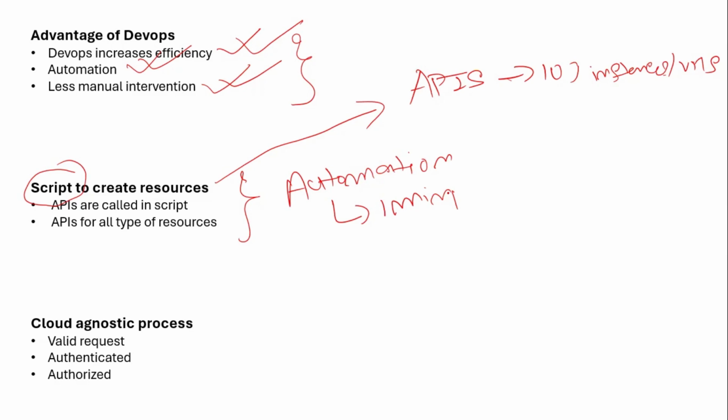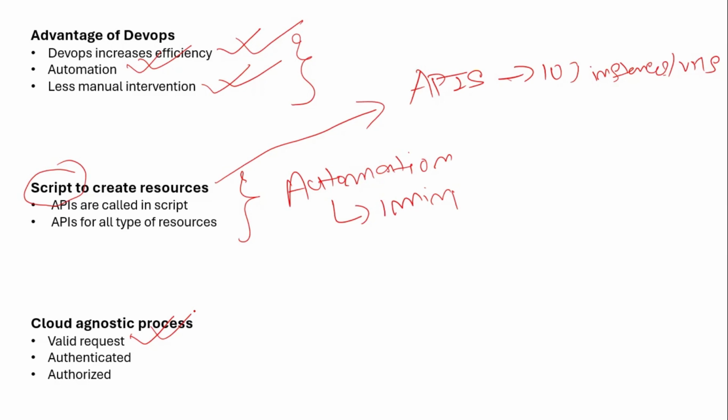Now, whenever we talk about reaching out to the respective cloud vendor with an API request, we have to ensure that we have three different things. The request should be valid. That basically means you have to place the request which is actually needed by the API. The API looks for certain specific parameters based on which it's going to create resources for us. We cannot just pass anything.